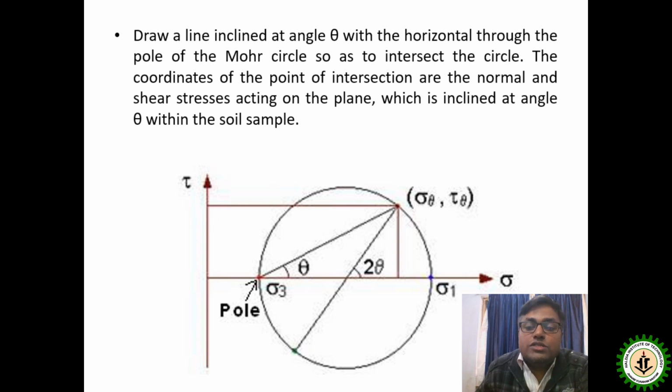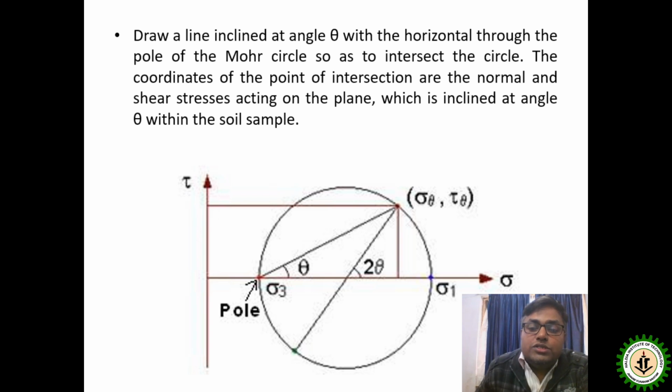This circle is called the Mohr circle. Any point on this circle will give you the normal stress sigma and the shear stress tau. We have taken sigma along the x-axis and tau along the y-axis.